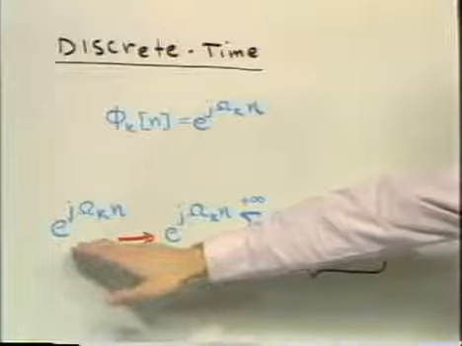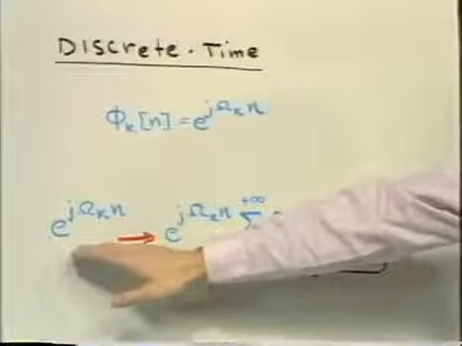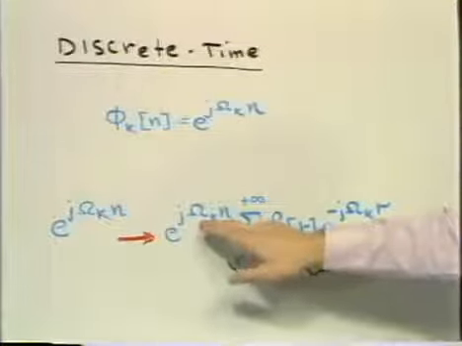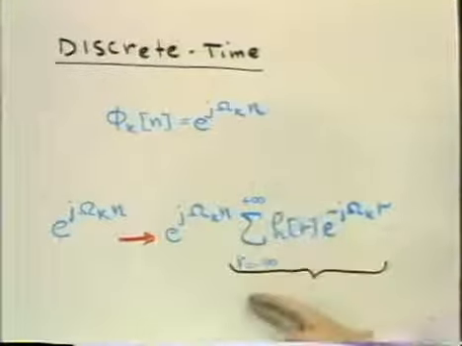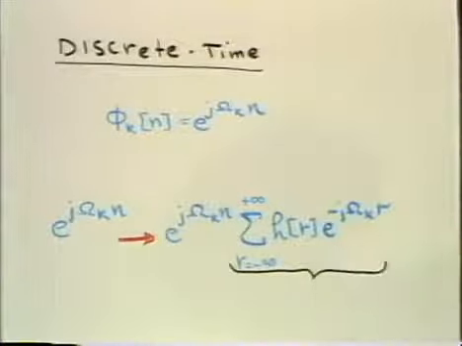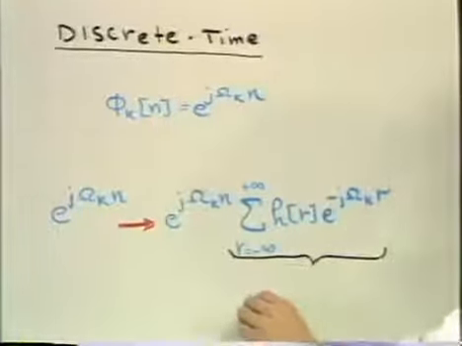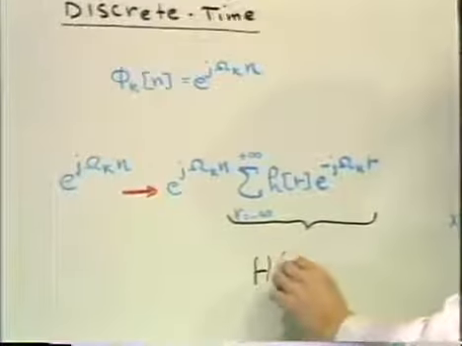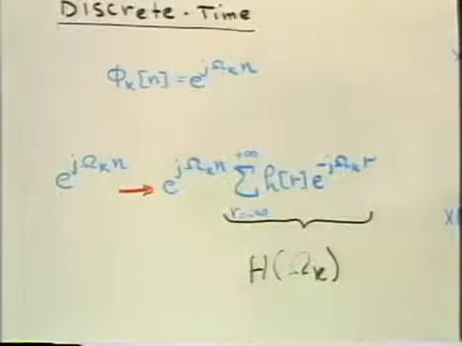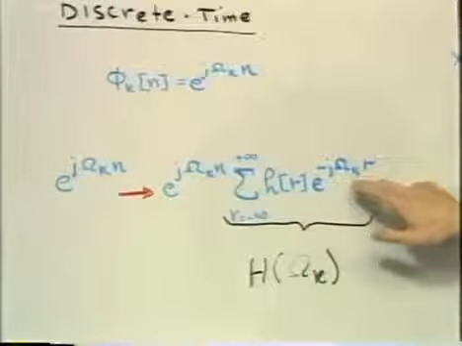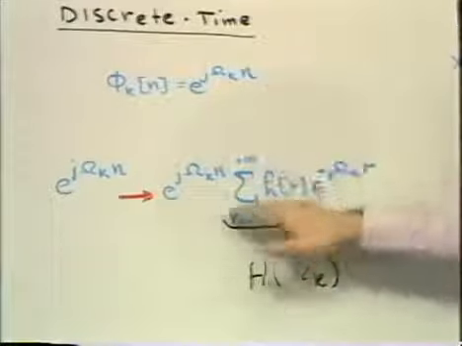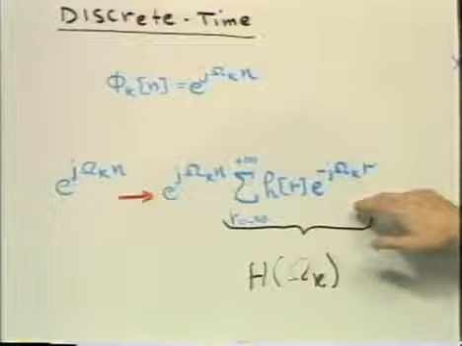Namely, if we put a complex exponential into the system, the response is a complex exponential at the same complex frequency, simply multiplied by an appropriate complex constant. And just as we did in continuous time, we will be referring to this complex constant, which is a function of the frequency of the complex exponential input, as the frequency response.